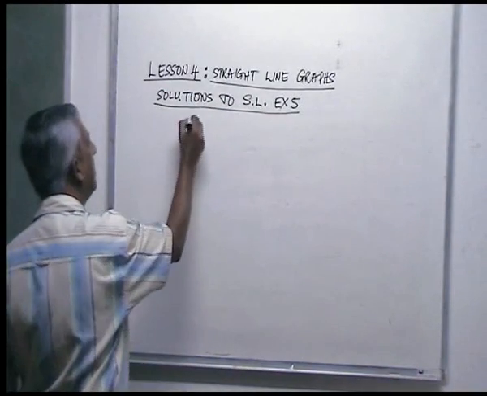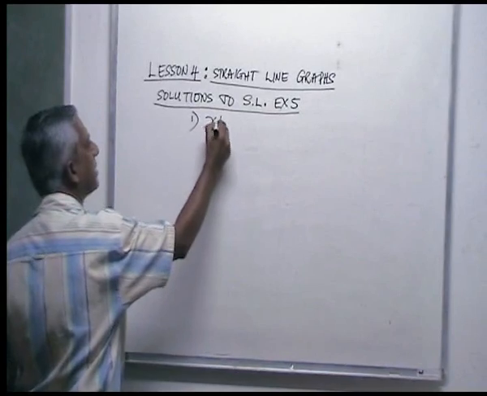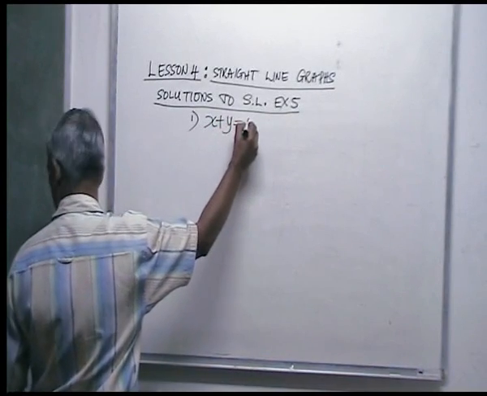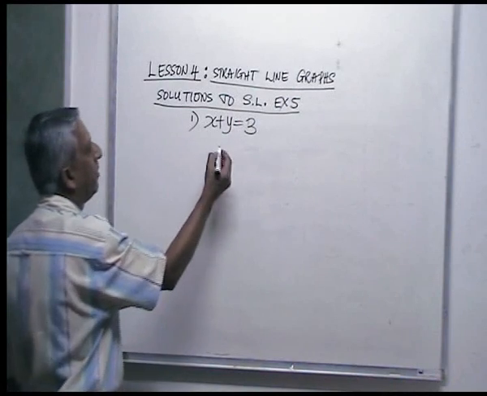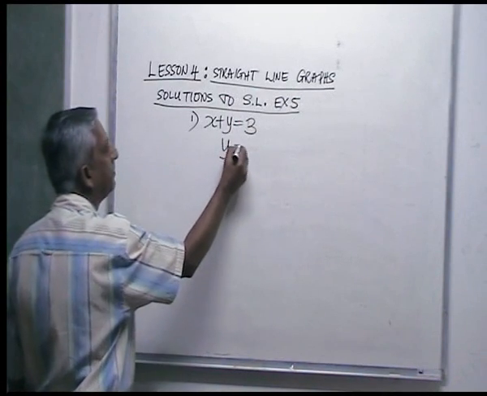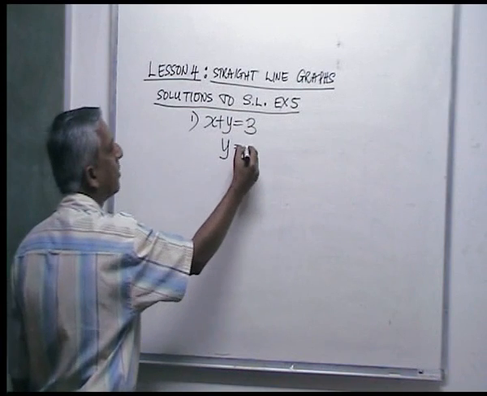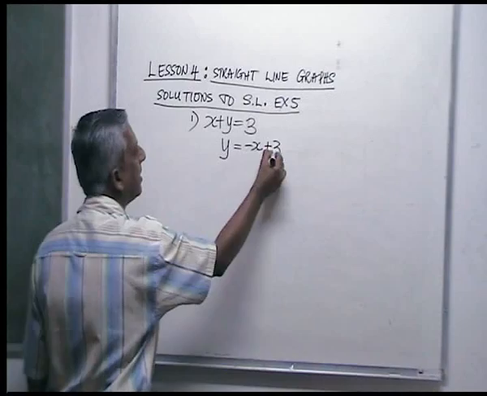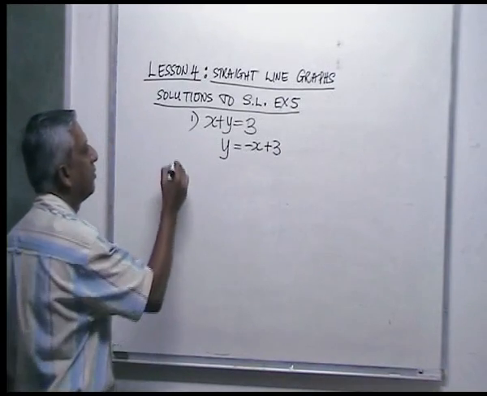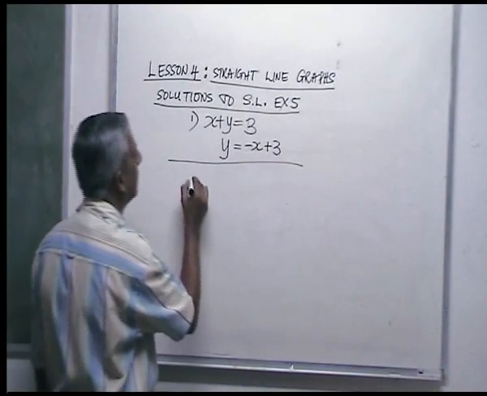Alright, so number 1 was x plus y is equal to 3. So, no problem, you leave the y here, you take the x across, it becomes minus x, and then you just bring down the 3, it is plus 3. That's the end of number 1.